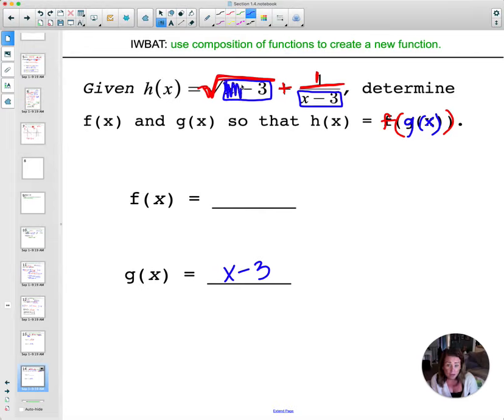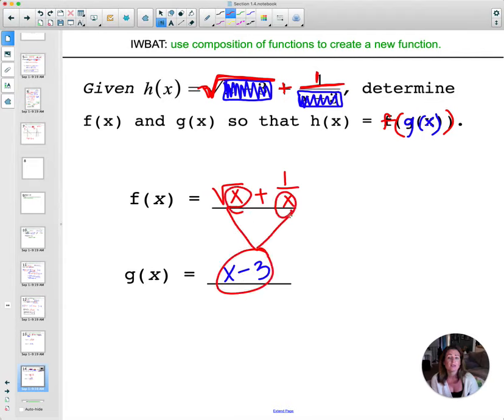And then when you cover up that inside function, okay, that's just an input. So then that would just have an x for the f of x part. So that wherever you see this x, you'll end up inputting that x minus 3. So when we go to replace this, it'll replace here and here. So it'll be the square root of x minus 3 plus 1 over x minus 3.